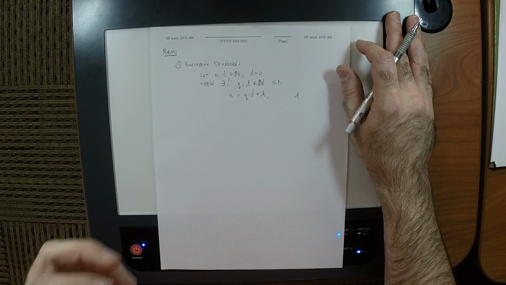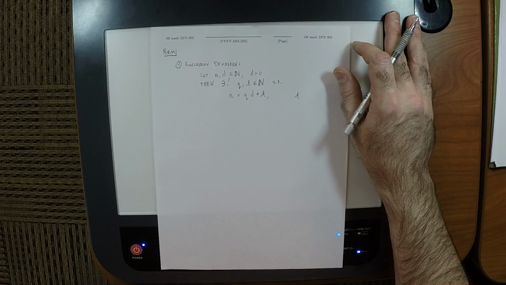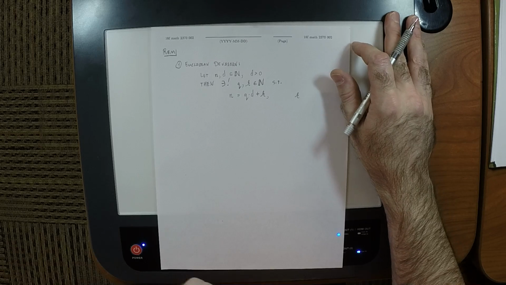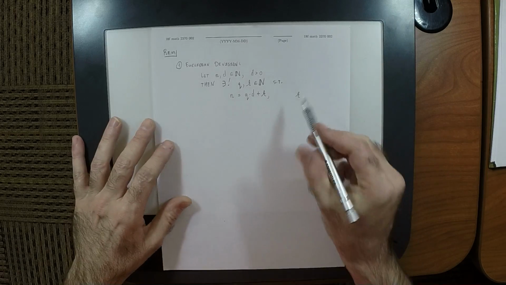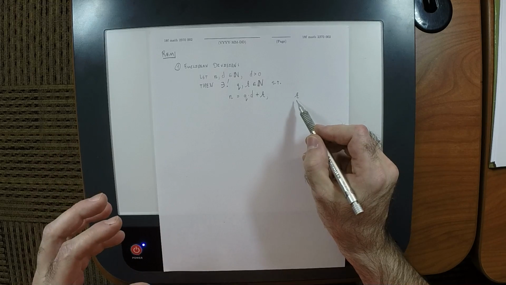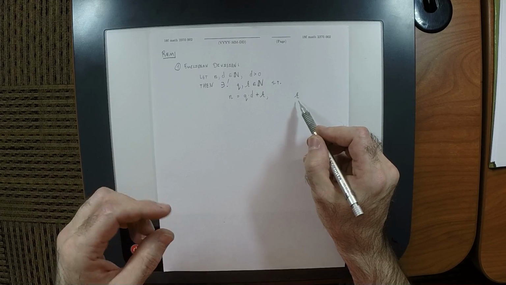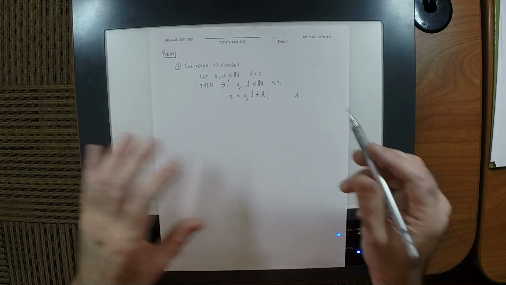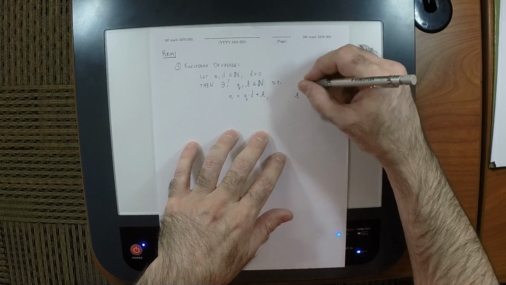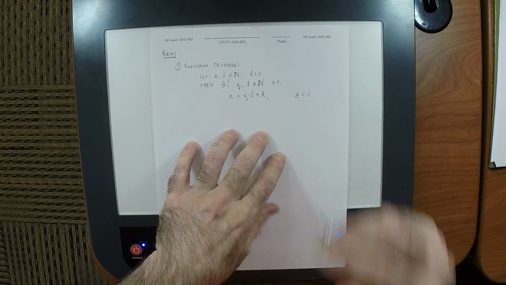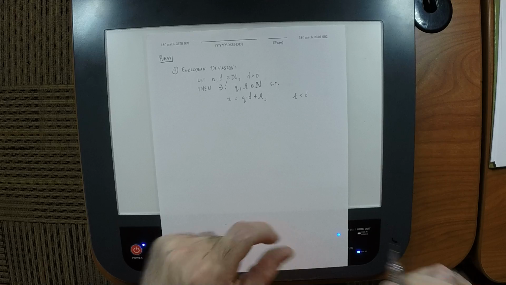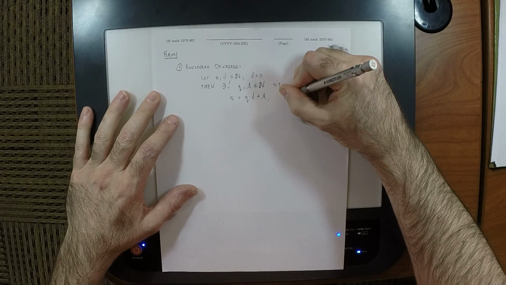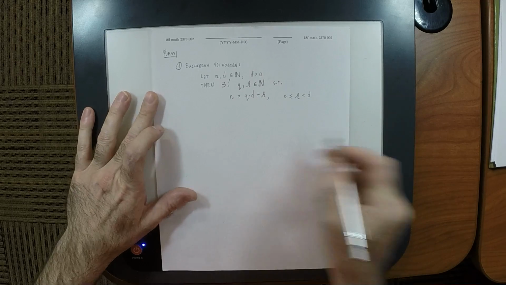Then when the game is over, what must be true about the number of M&Ms in the bucket? It's got to be less than 5. Otherwise, y'all wouldn't have been following the rules, right? So r is how many M&Ms are left in the bucket, and how many are we taking away from the bucket? d. So what must be true about r? Less than d. And in most sources, books, and what have you, this is included: r is between 0 and d.